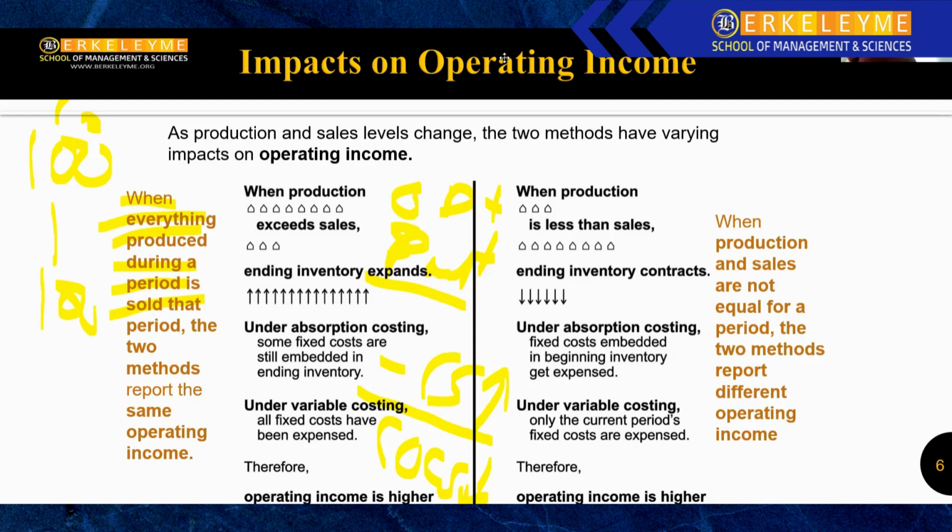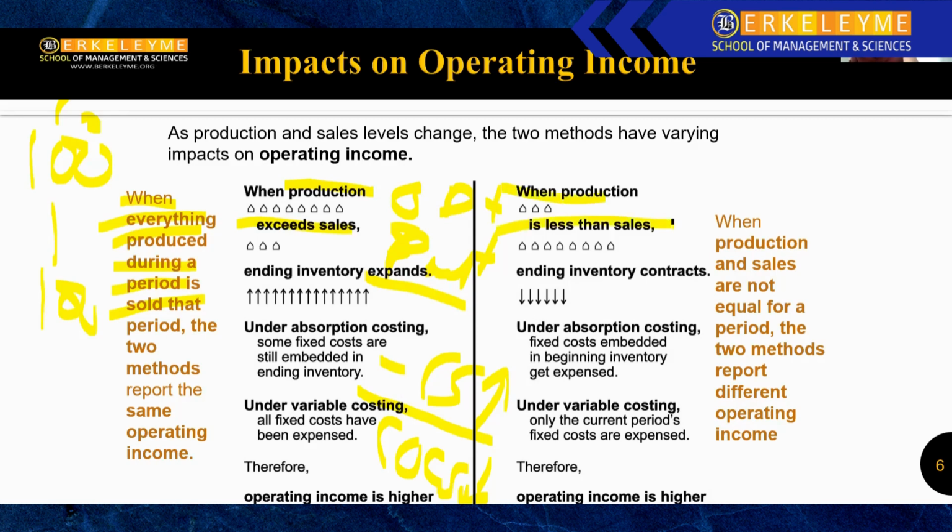So this is what he assumed. He says when production exceeds sales, it means you have more production, less sales, so your ending inventory will exceed. So this is a scenario. The first scenario I told you is less production, less closing stock, which is this one.